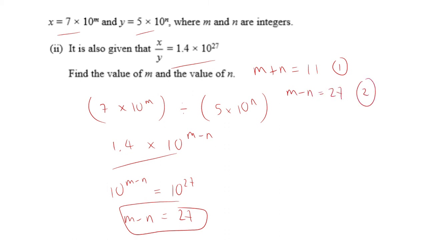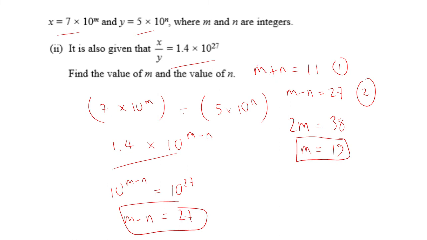So this is a pretty simple simultaneous equation to solve. We'll just add together equation 1 and equation 2, and that will eliminate n. So we have m plus m is 2m plus n minus n is 0, and that's equal to 11 plus 27, which is 38. 2m equals 38, m equals 19, and then we substitute back in m equals 19 into any one of the equations.